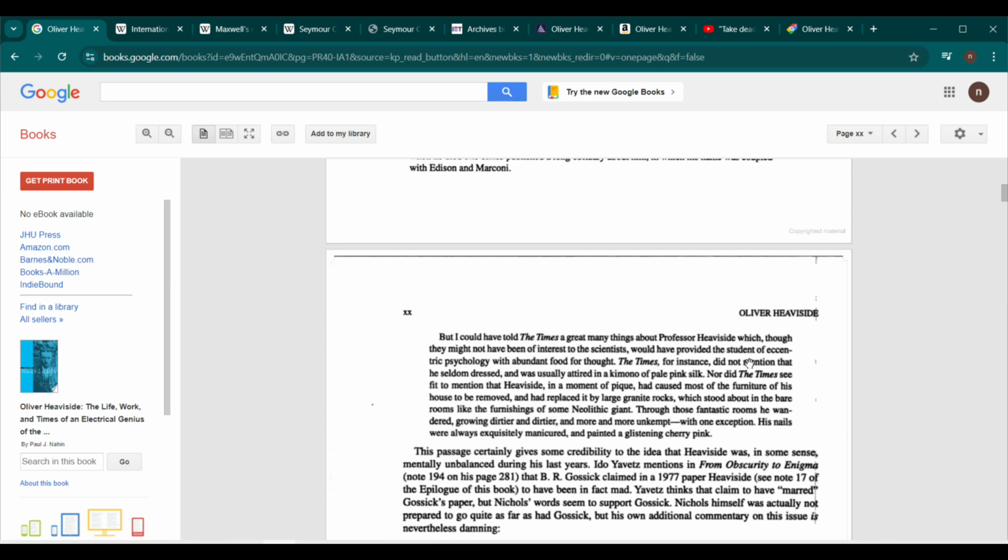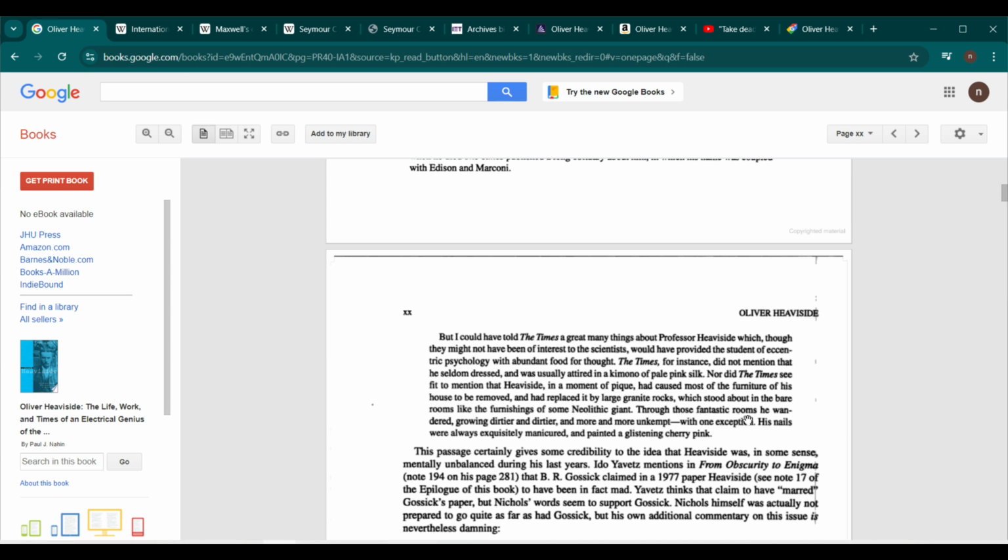The Times, for instance, did not mention that he seldom dressed and was usually attired in a kimono of pale pink silk, nor did the Times see fit to mention that Heaviside, in a moment of pique, had caused most of the furniture of his house to be removed, had it replaced by large granite rocks, which stood about in the bare rooms like the furnishings of some Neolithic giant.